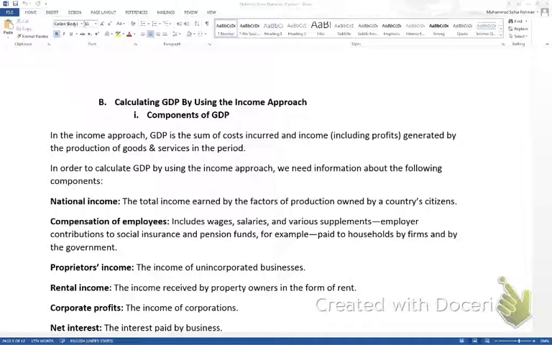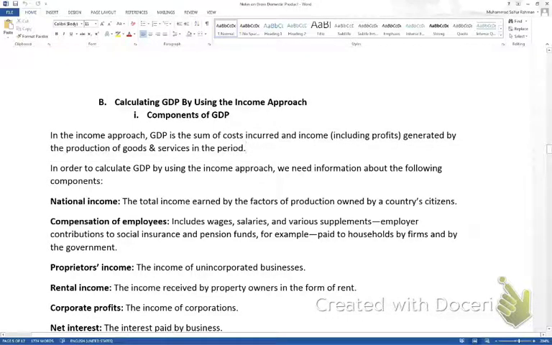The next method of calculating GDP is called the income approach, and we want to understand how the GDP is calculated in this methodology. By principle, the income approach is to find the costs and the income, that also includes the profit, that are generated in an economy to every player in the economy.